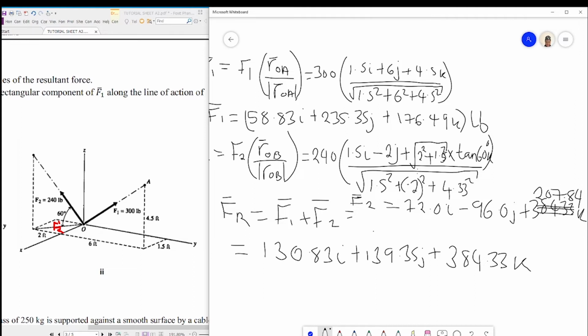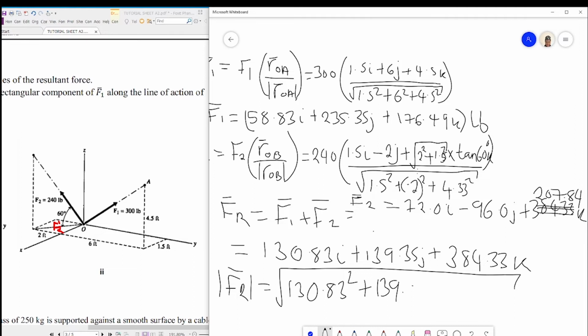With this, we are saying that the magnitude of FR is equal to the square root of 130.83 squared plus 139.35 squared plus 384.33 squared, which is equal to 429.23 pounds.